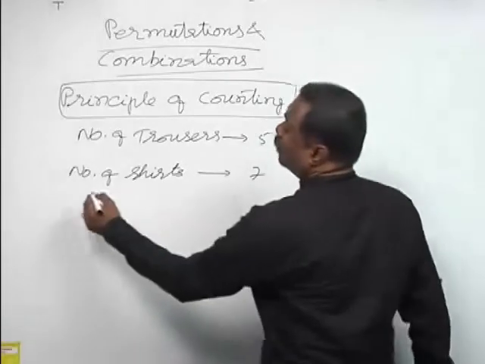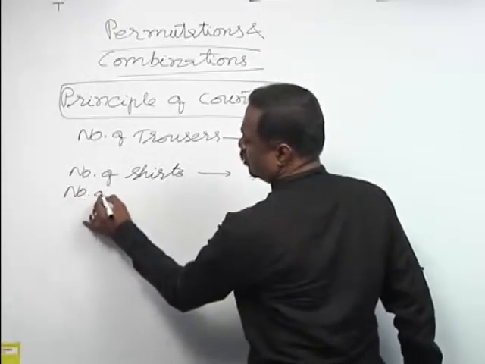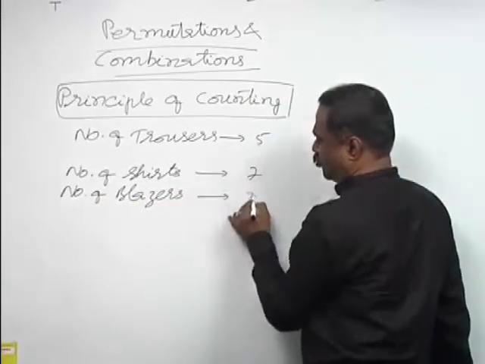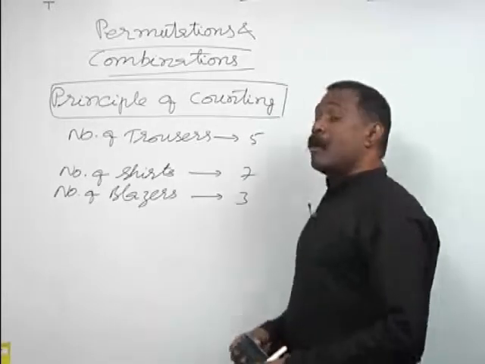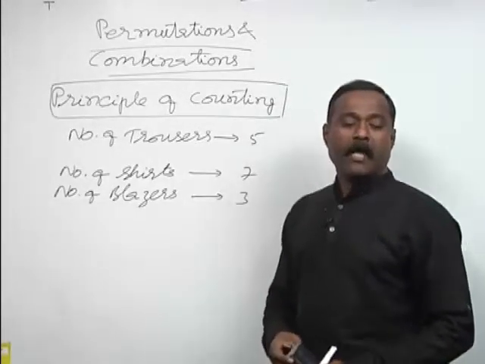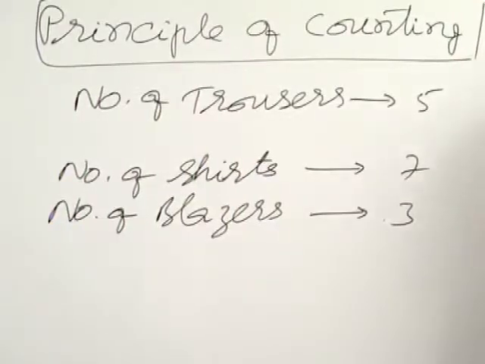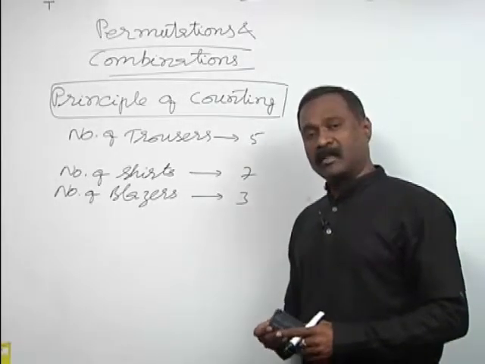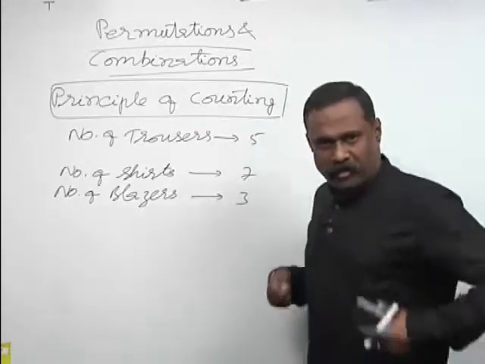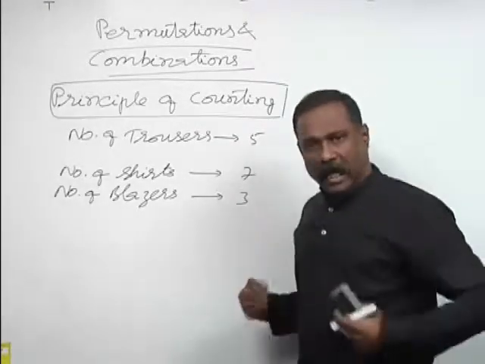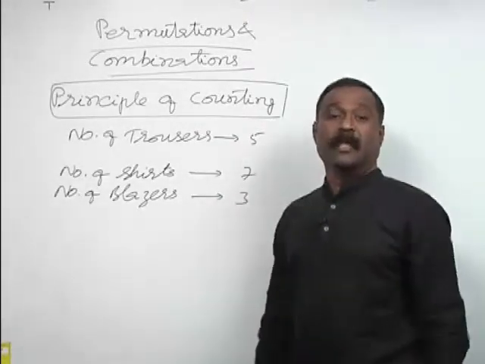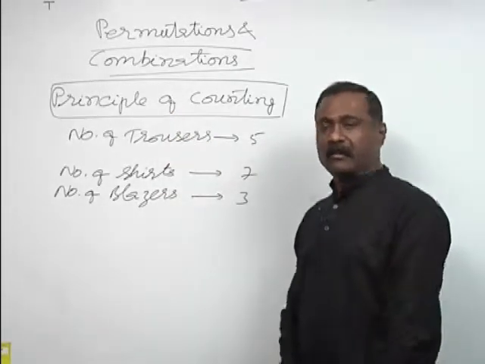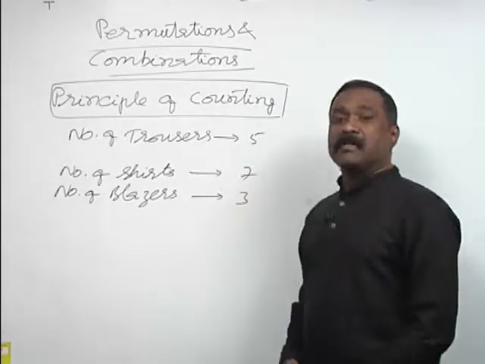And number of blazers is 3. Now, how many different colored triads can he wear in the same order? In the same order means first a trouser, then a shirt, and on that one blazer. That is the order. I termed it a triad. So in how many ways can it be done?